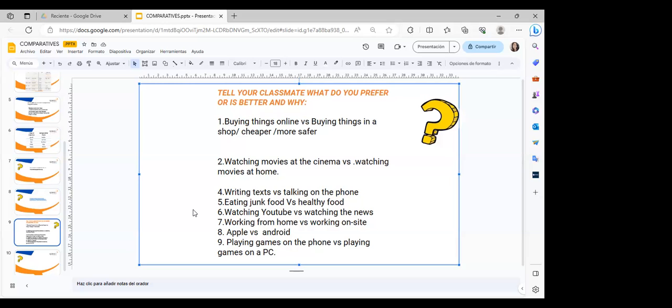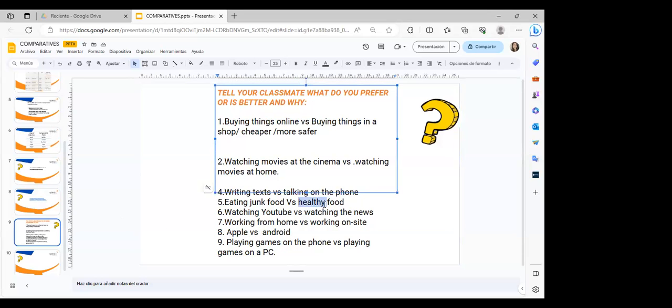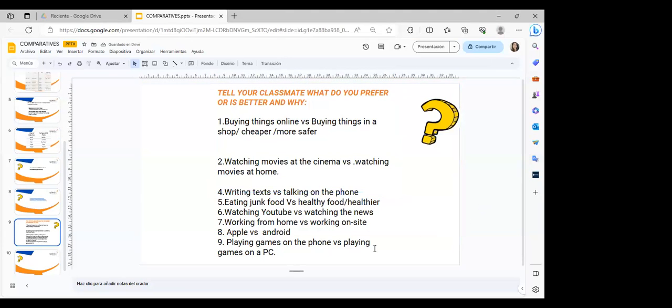But healthy food is healthier, not more healthy. So how can I say that? More healthy, healthier. I don't know. Okay. Healthier. Healthier, very good. Yes, it would be like this. It is healthier, okay? Just that, or I have to say one more.